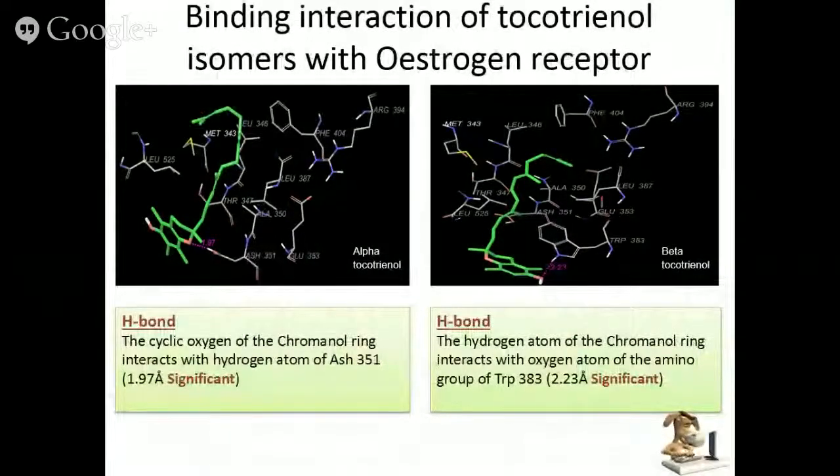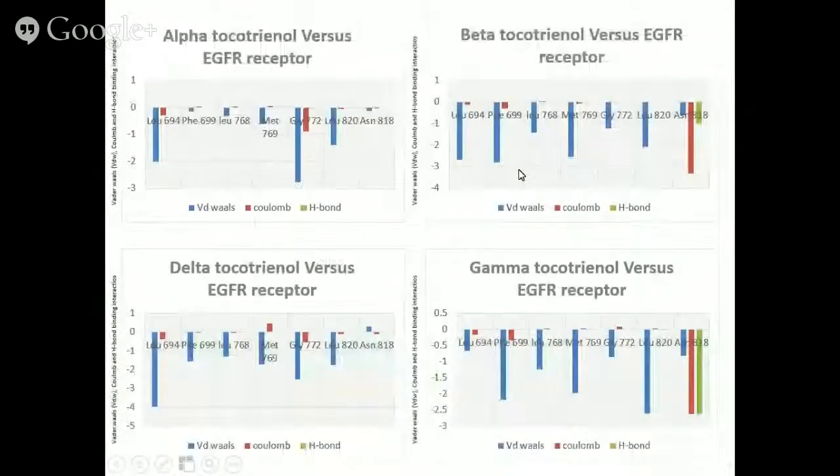So here is the binding interaction of tocotrienol isomers with estrogen receptor. This one is ADFR.